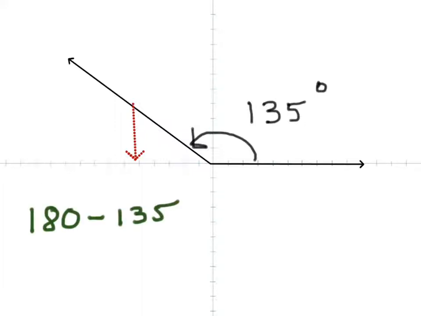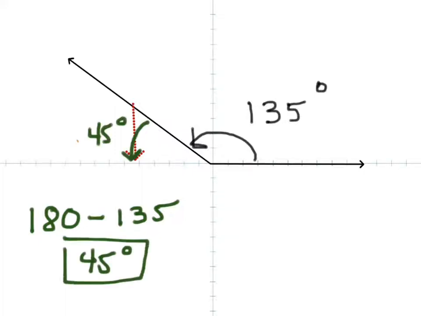So how do we find that angle? Well, 135 is a little bit shy of 180, so if we take 180 and subtract 135, we have 45 degrees. And notice that I've made my little green arrow in the positive direction because a reference angle is positive, so we have positive 45 degrees. So 45 degrees is the reference angle for 135 degrees.